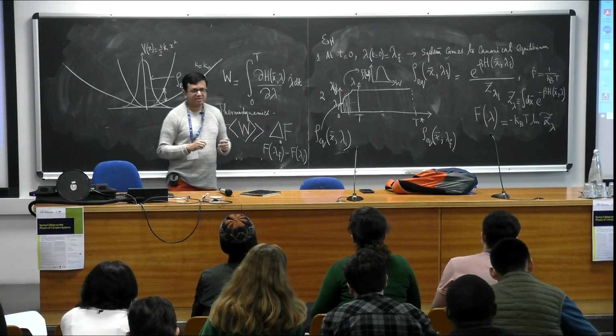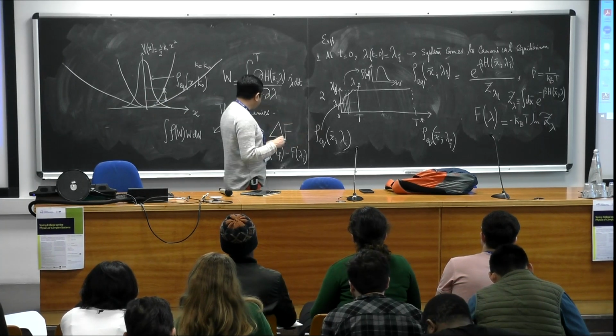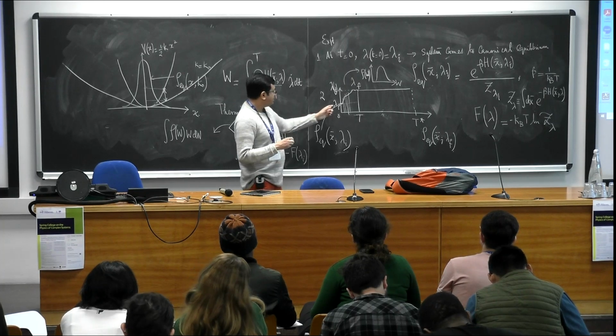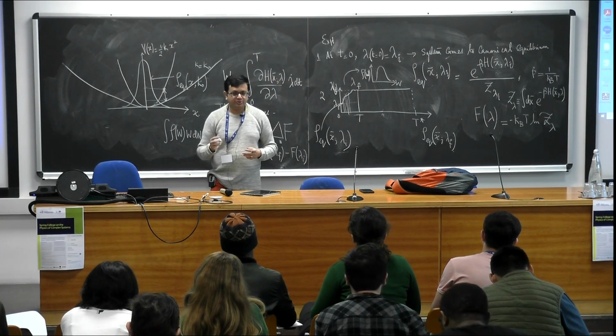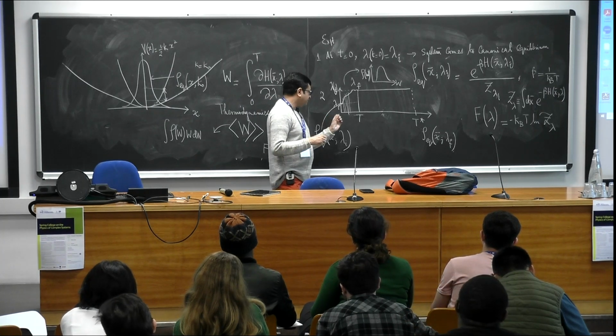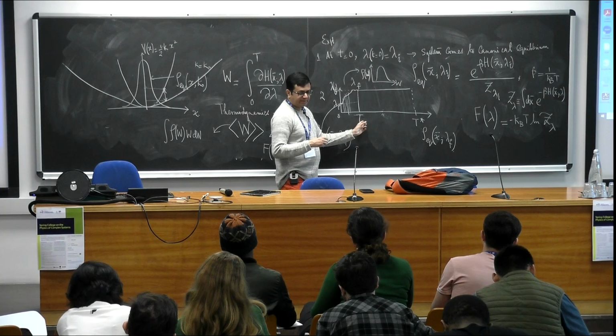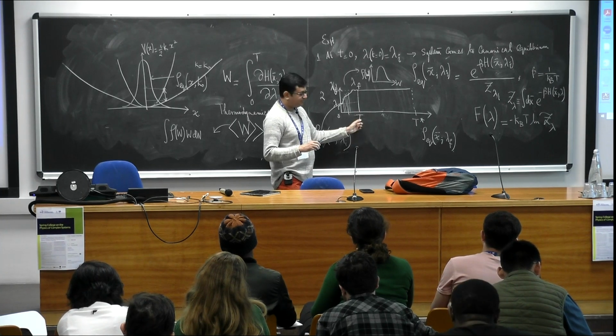Is this picture clear? It is very important that you understand, when you do this average, what are the things that you don't change and what are the things that you do change. In every experimental run, you start from time 0 and you go up to time tau.